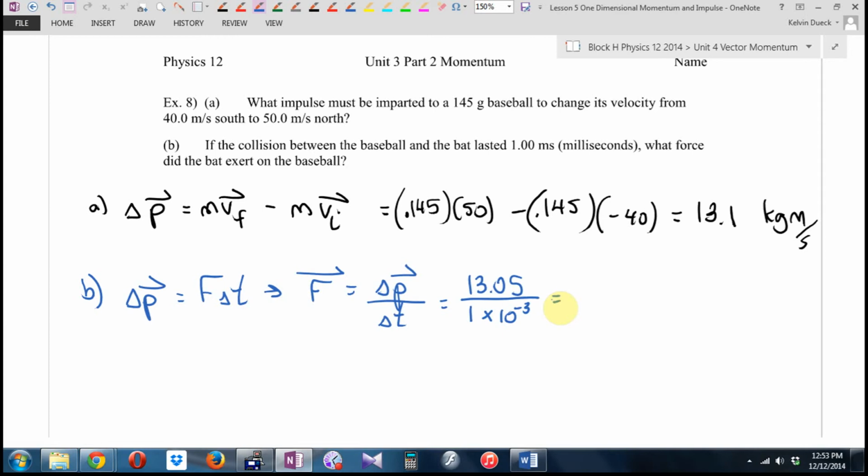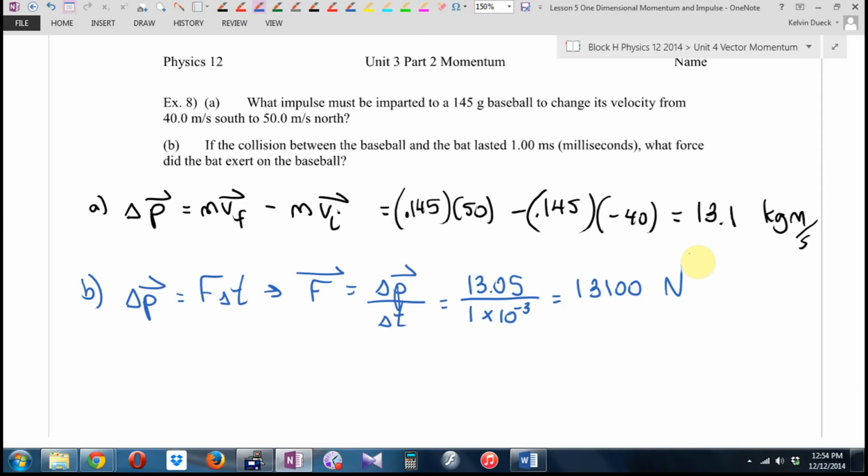Anyways, what do you get? Oh, I can do this in my head. I think you'll get 13,100 newtons. Is that right? Is that big? Would you want to get hit by a baseball bat? Change it to kilograms.